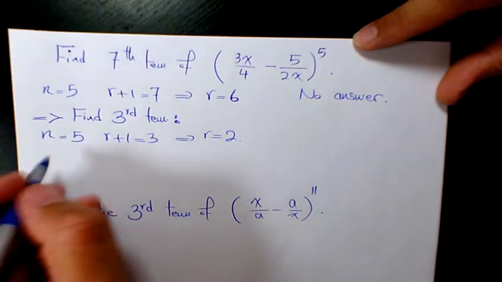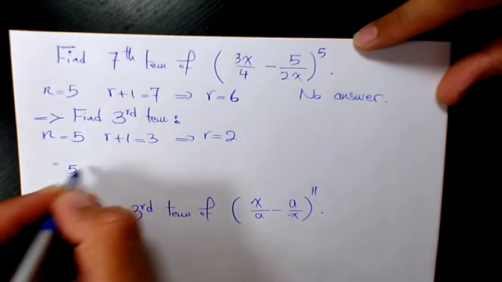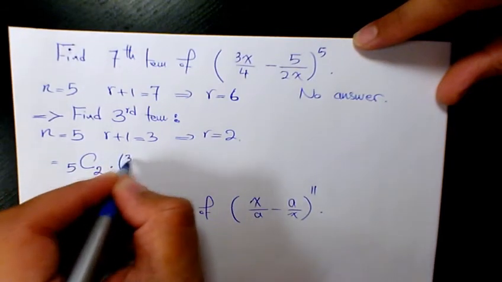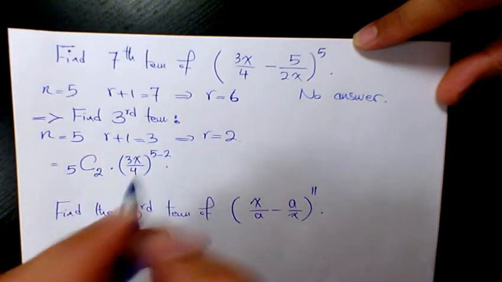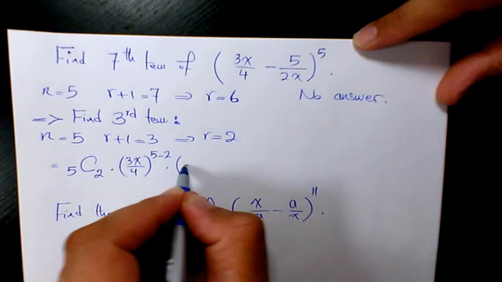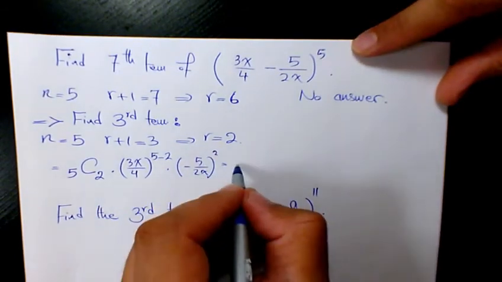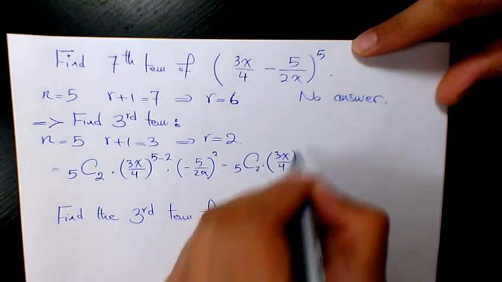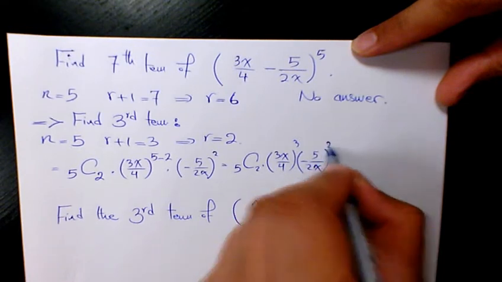So we're going to say 5c2 times (3x over 4) to the power of 5 minus 2, times (negative 5 over 2x) to the power of 2. That's going to be 5c2, (3x over 4) to the power of 3, (negative 5 over 2x) to the power of 2.